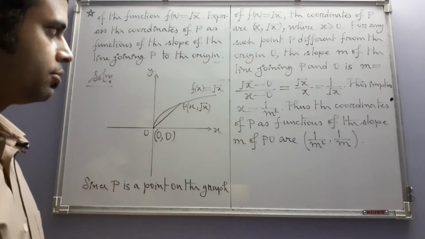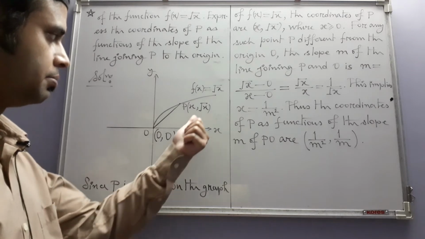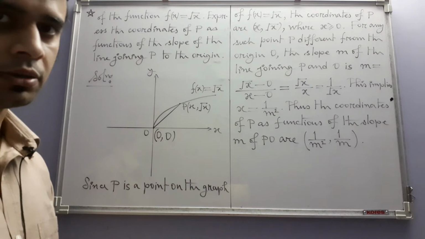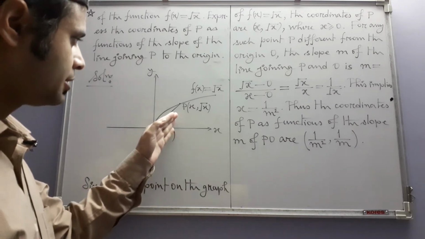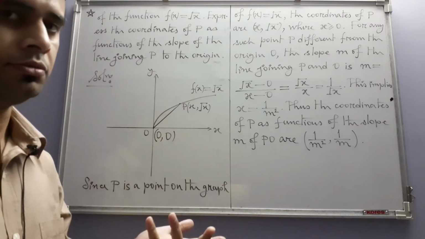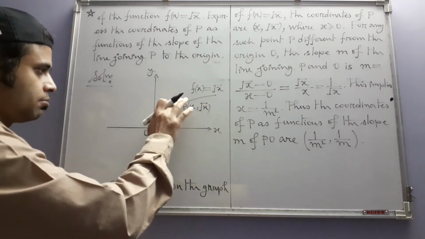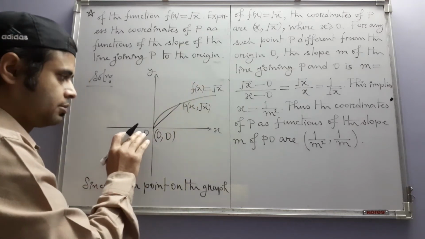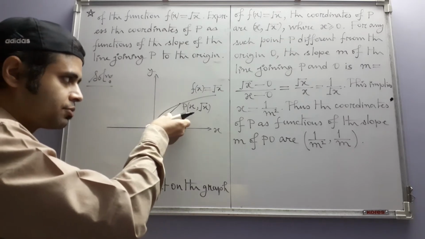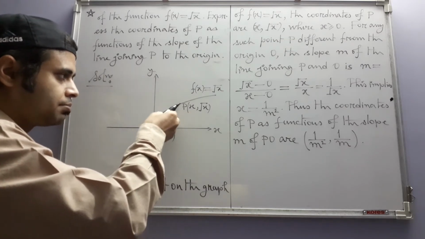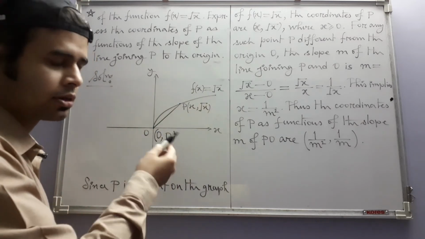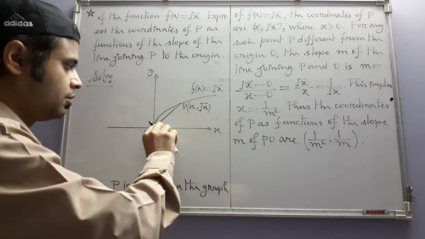How are we able to cancel square and square root and write m and not absolute value of m? That's because you can see that m itself is positive, because the line is like this. These lines all have positive slope, no matter wherever P is on this curve, except for the position 0.